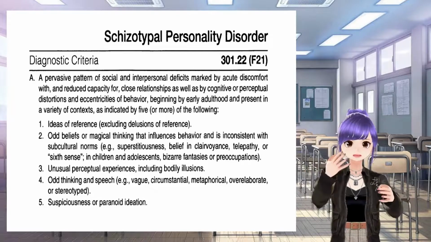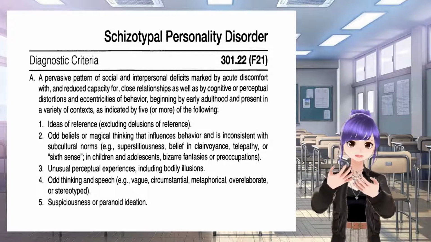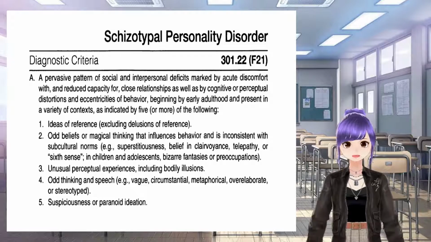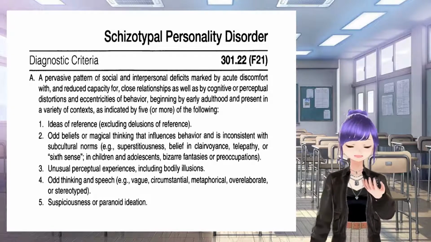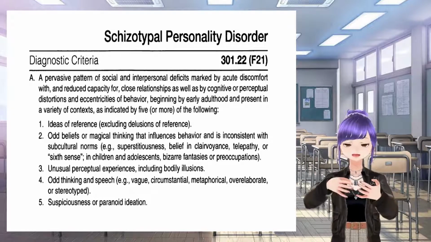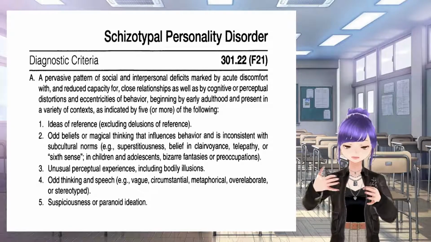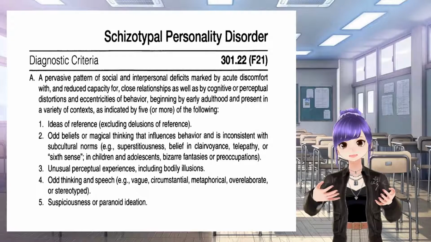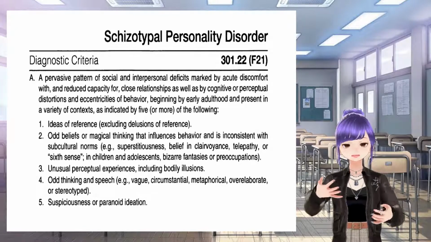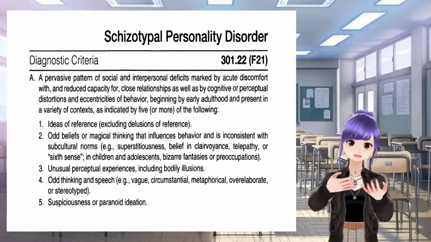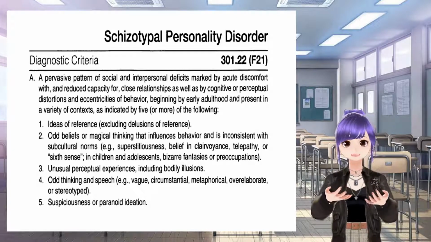That's why we also take into consideration the culture of the person. Not all who believe in superstition, clairvoyance, or telepathy are considered someone with STPD. So we really need to have an extensive diagnostic study of that person before we can diagnose someone with STPD.